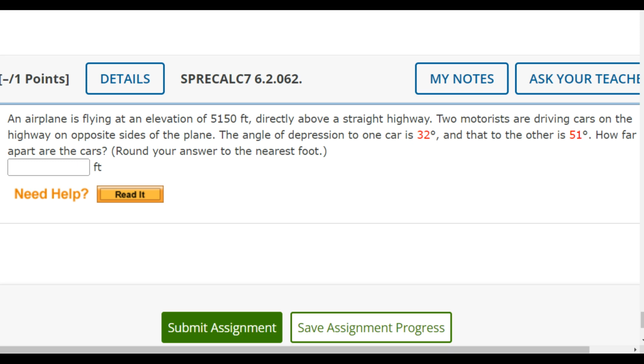An airplane is flying at an elevation of 5,150 feet, directly above a straight highway.